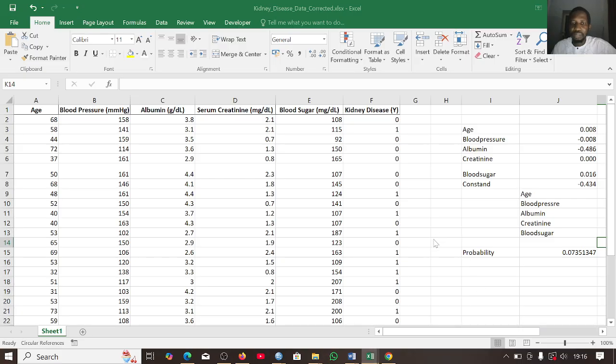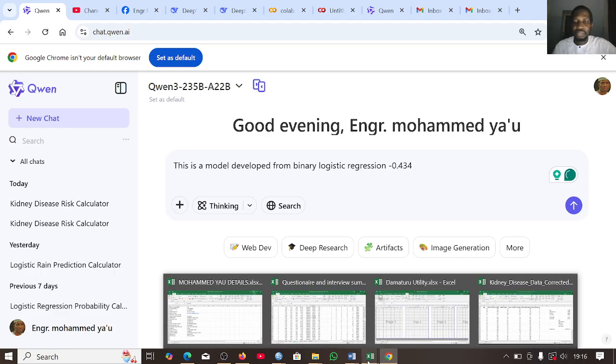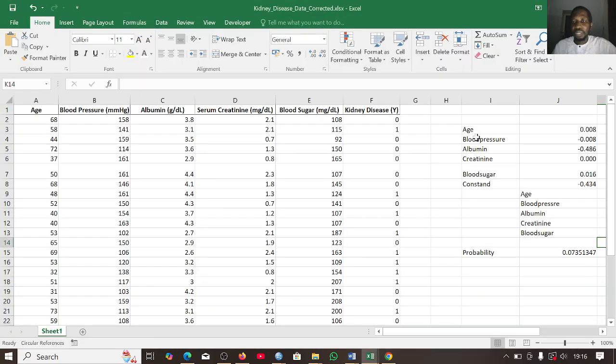So the constant is minus 0.434. Then the first variable is the age, and it has a coefficient of 0.00h.